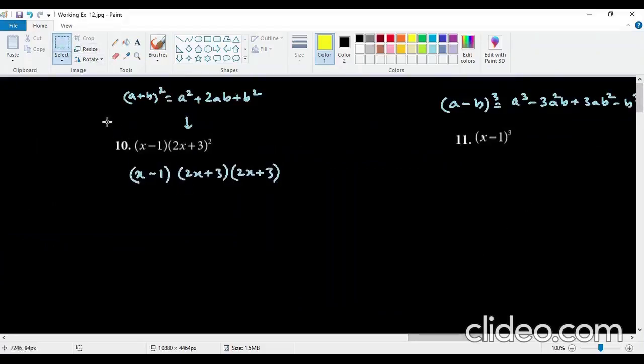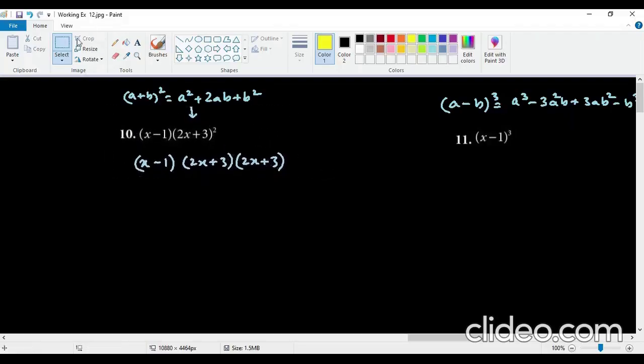I should bring this a little up. Now in here, a plus b, I consider this one as a and this one as b. So the formula tells me that I need to get a square plus 2ab plus b square. So I will bring this a little here.